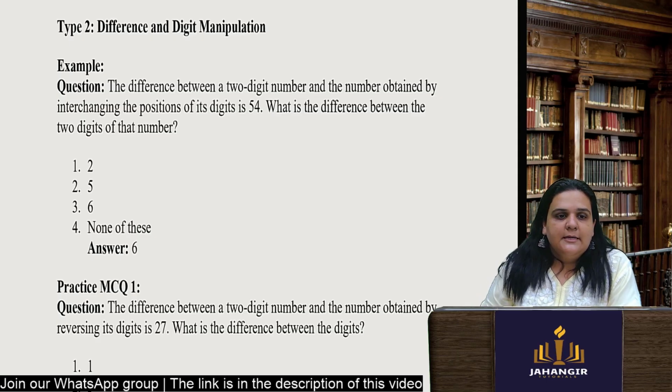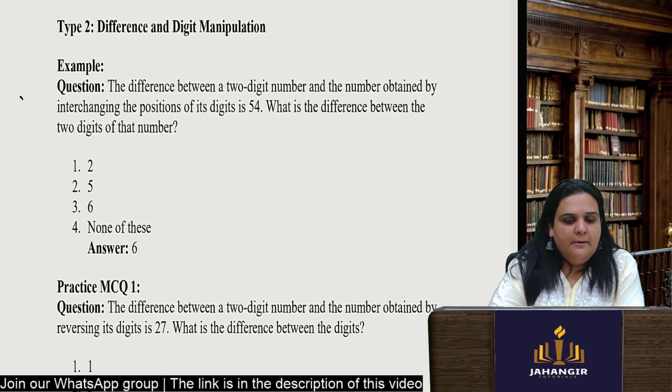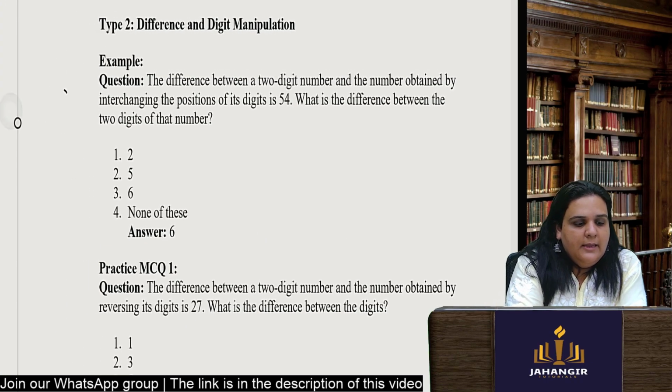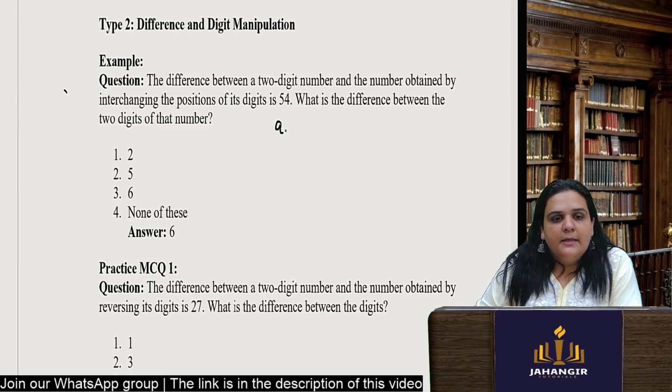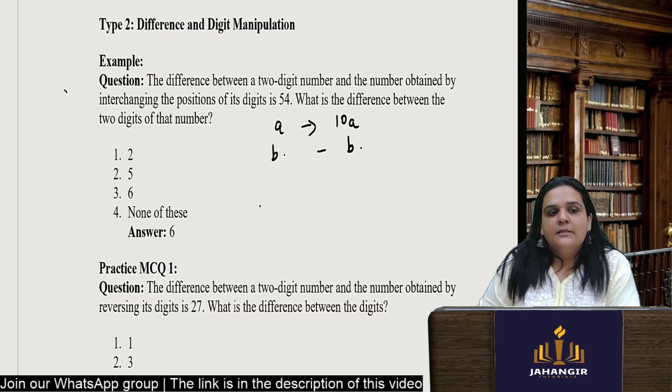Okay, now basically I will say let the number be A and B. Let one number be A, let the other number be B. So it is a 2-digit number, so A is in the tens, B is in the units. Now they are saying the difference between the 2-digit number and the number obtained by interchanging their position is 54.